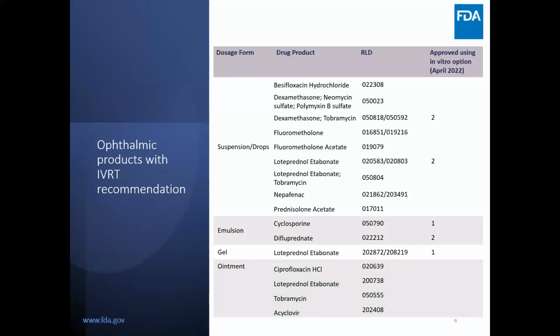Some drug products have multiple PSGs because of multiple reference products. The agency approved 4 ophthalmic suspension products like dexamethasone and tobramycin ophthalmic suspension, loteprednol suspensions, and 1 cyclosporine and 2 difluprednate, and 1 loteprednol ophthalmic gels using the in vitro option.